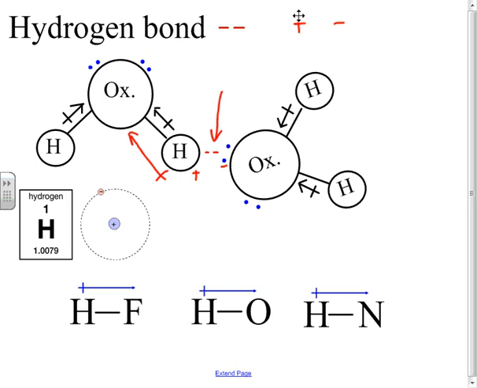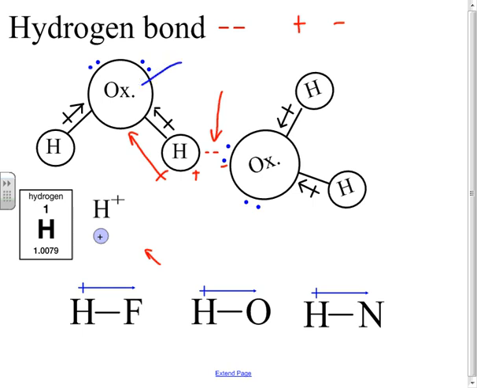What makes the hydrogen bond special is the hydrogen ion. It's not really an ion, but when the electrons shift away, it acts more like a positively charged ion. Think of the hydrogen atom. It consists of one proton and one electron. If we take away that electron, the only thing that's left is a proton, and then it becomes a hydrogen ion.